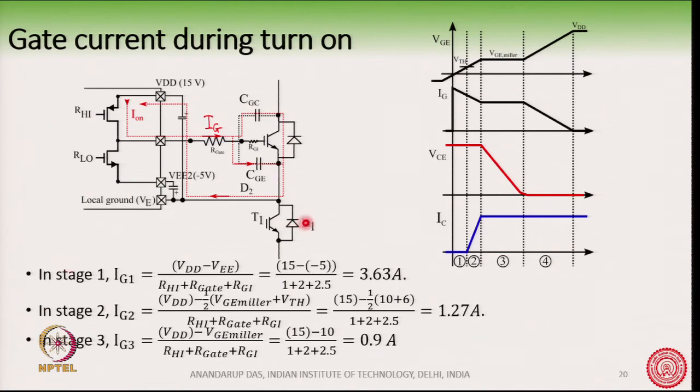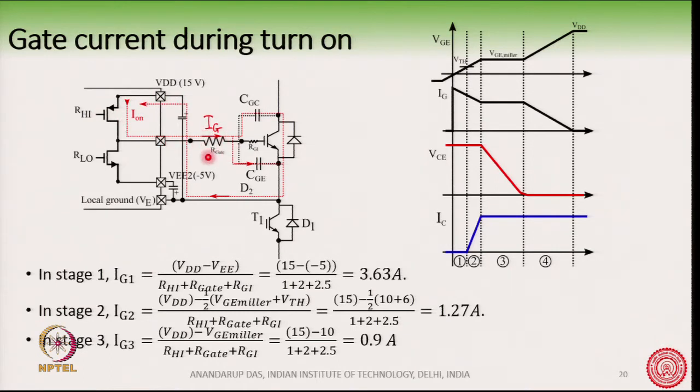If you see the circuit here, this is VDD. When this MOSFET is turned on, we can assume there is an on state resistance R high, and when this MOSFET turns on, this is an R low resistance. So, you see here this is the 15 volt VDD, and then there is an R high, and then there is an R gate.